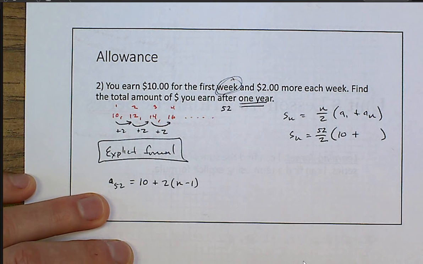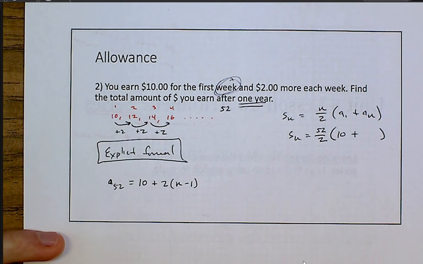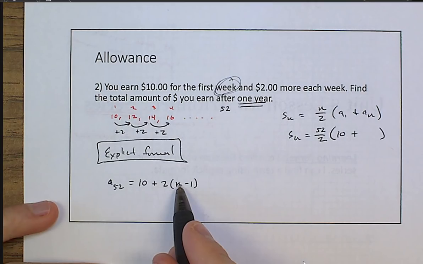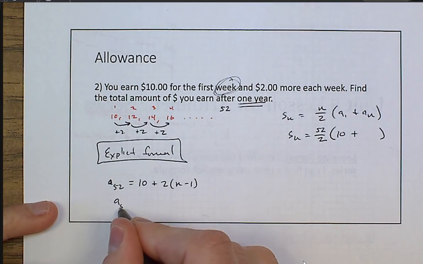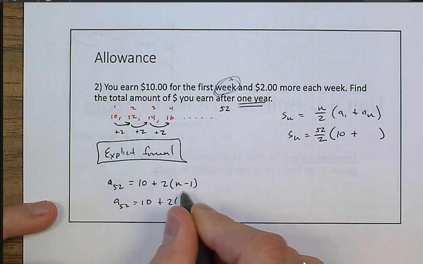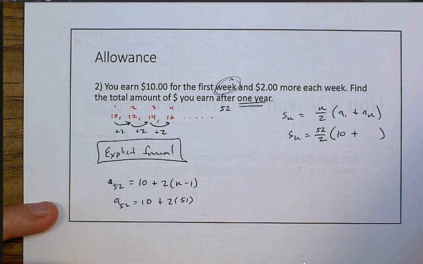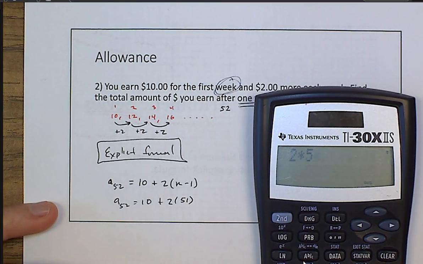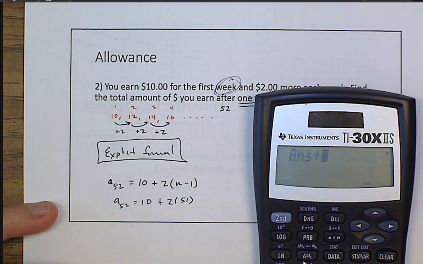So our 52nd term started at 10 plus our common difference, 52 minus 1 is 51, and we're going to just take our calculator out and go 2 times 51, add that to 10, and it equals 112.